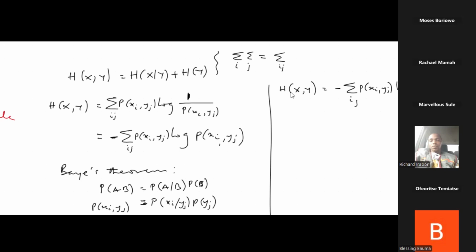Now recall, this is our goal. This is what we are coming to. How did we arrive at the chain rule?